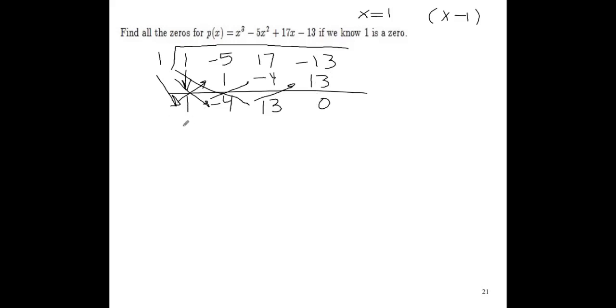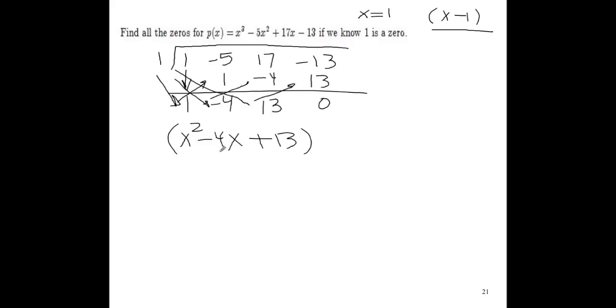So the quotient would be x to the power of 2, its coefficient is 1, minus 4x plus 13. So this would be another factor there. So one factor is x minus 1 for this polynomial, and the other factor is x squared minus 4x plus 13.